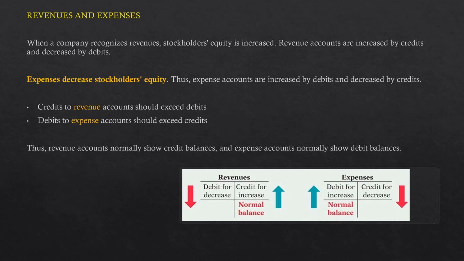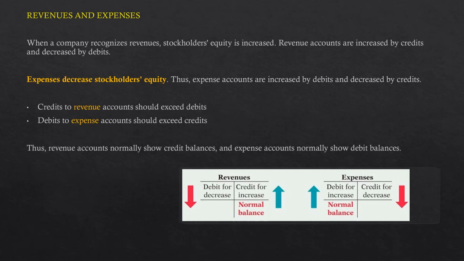Okay, right here we're going to be looking at revenues and expenses. When a company recognizes revenue, stockholders' equity increases. Revenue accounts are increased by credits and decreased by debits. Expenses decrease stockholders' equity. Thus expense accounts are increased by debits and decreased by credits.